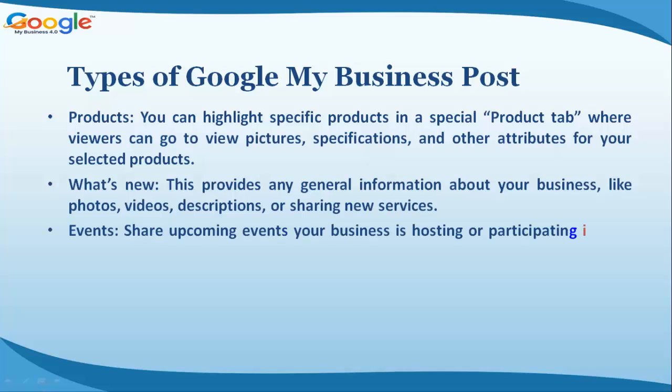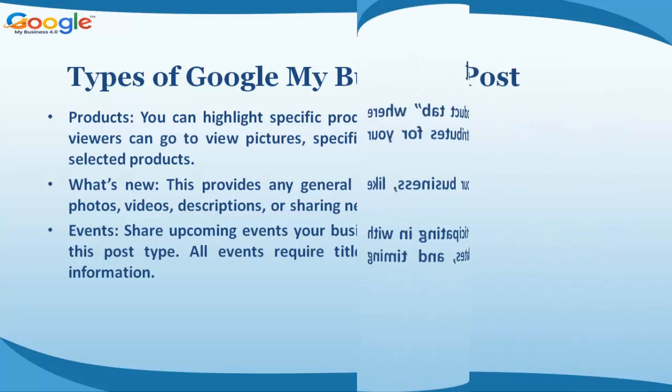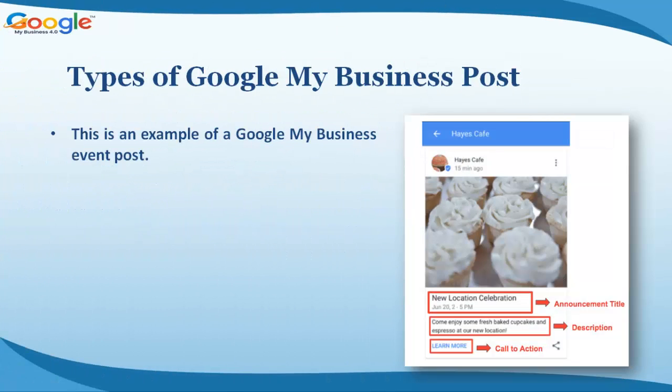This provides any general information about your business, like photos, videos, descriptions, or sharing new services. Events. Share upcoming events your business is hosting or participating in with this post type. All events require titles, start and end dates, and timing information. This is an example of a Google My Business event post.